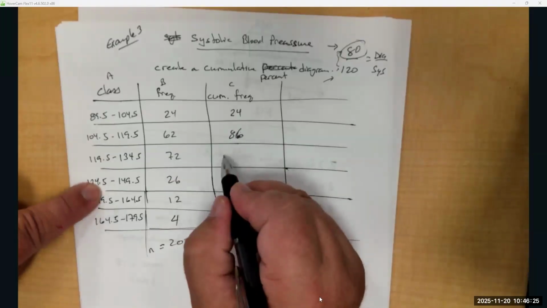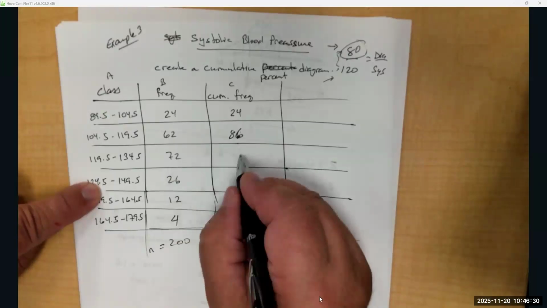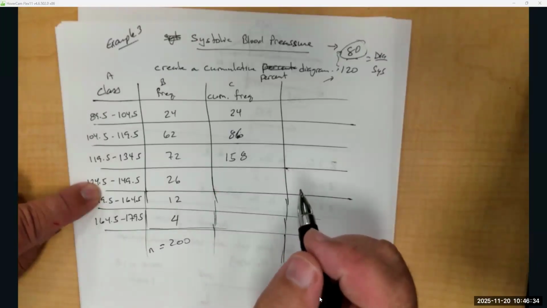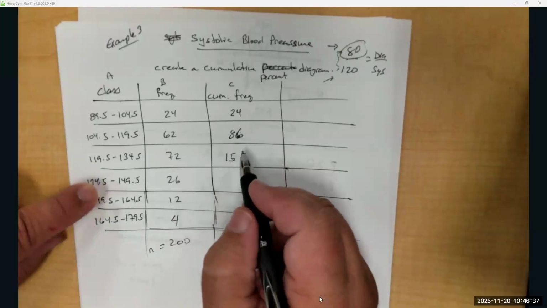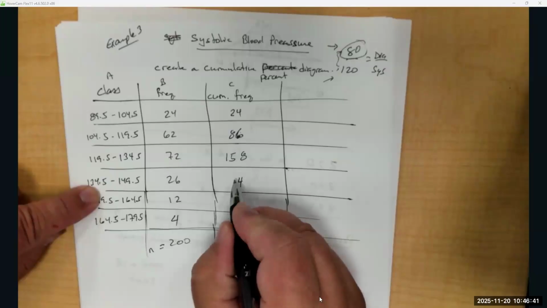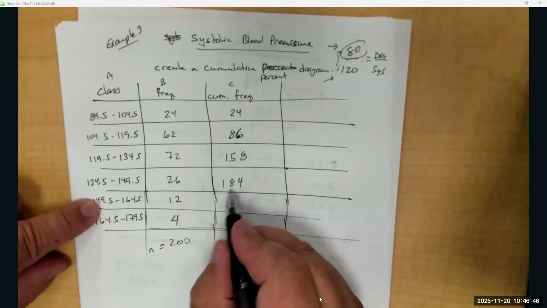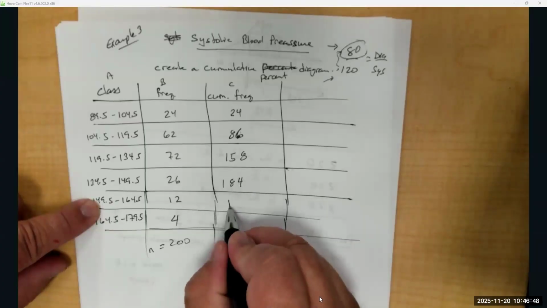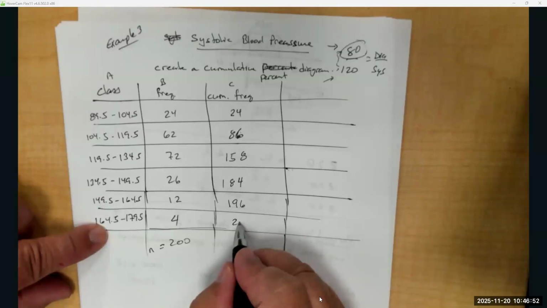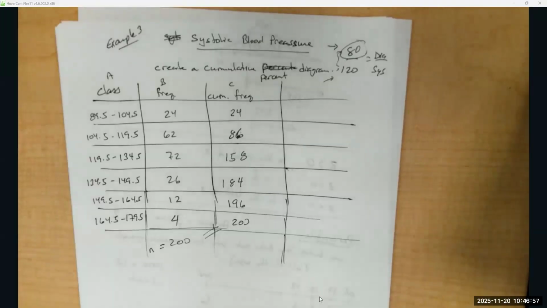So 86 plus 72 is 158. 26 plus 158 is 184. 184 plus 12 is 196. 196 plus 4 is 200. Remember, these two have to equal. If they don't equal, you did something wrong.